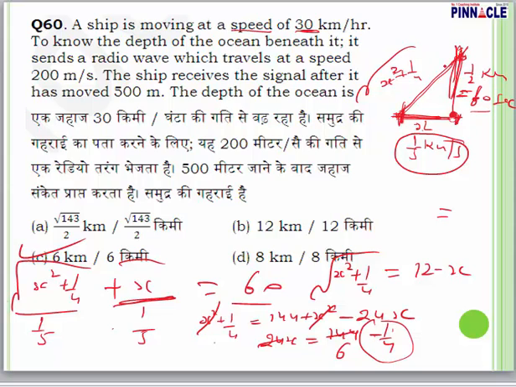It means this is the distance. So this distance divided by speed will be equal to 60 seconds, and speed of the radio wave is 1 by 5 kilometers. So we could find the value of x by solving further. C should be the answer.